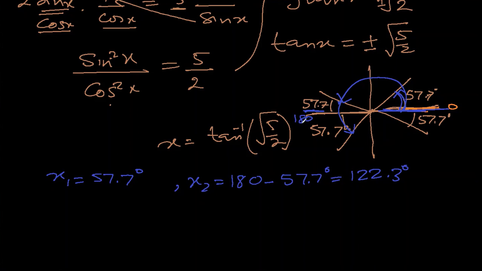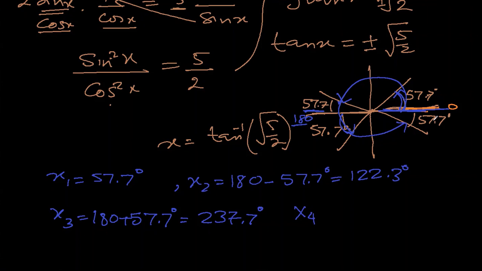Third angle, it goes up to here from 0. We are counting from 0 again. So 180 plus 57.7 degrees, which will be 237.7 degrees. Okay, x4, the last one. We go further to this line.